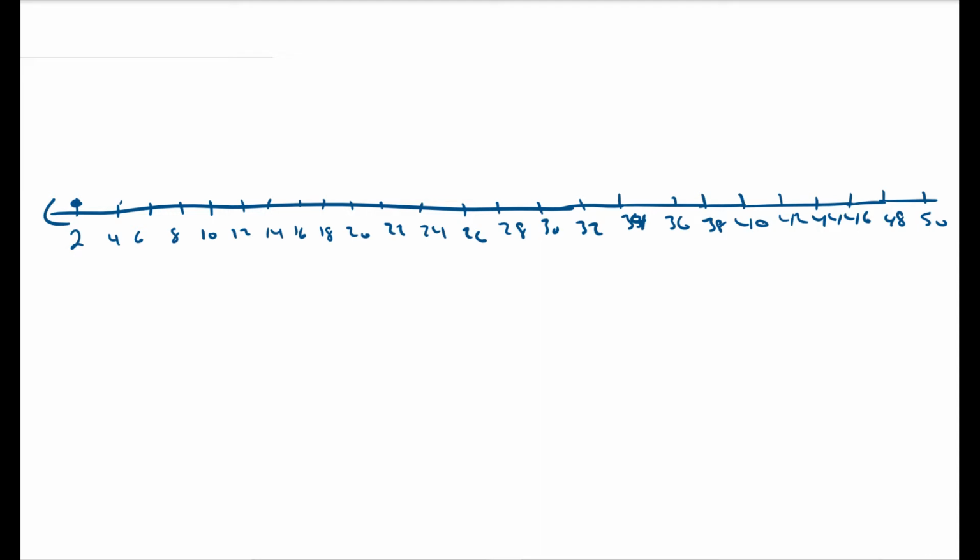I have a 2, a 4, an 8, a 10, a 12 and another 12. I've got a 15 between 14 and 16, a 20, a 23, a 25, and another 23.